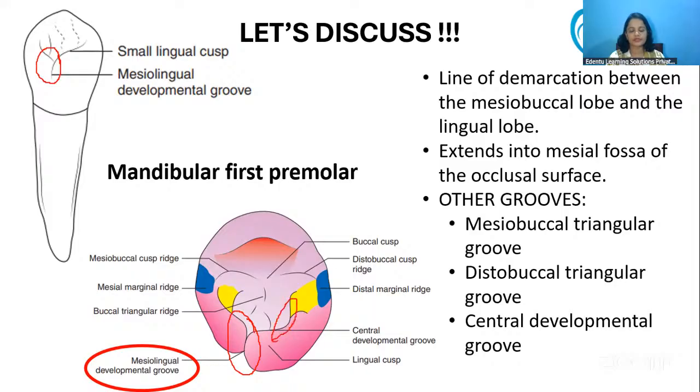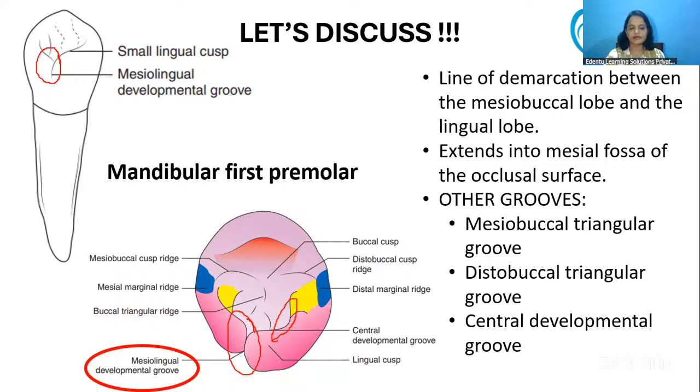But this one is the most important because it is the one that distinguishes the mandibular first premolar from the second premolar. So do not get confused. This is present only, and very prominently, in the mandibular first premolar.